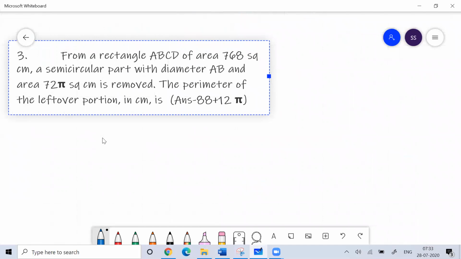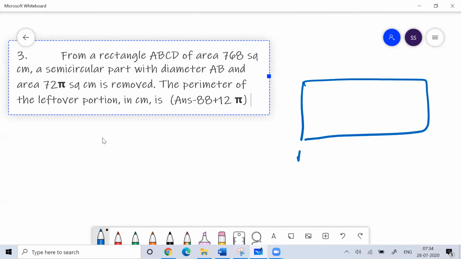This question came in 2018 again. So there's a rectangle ABCD of area 768.